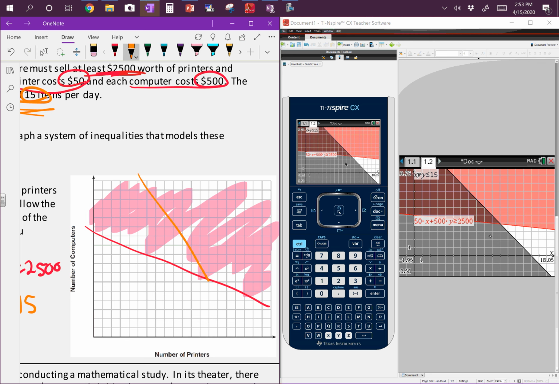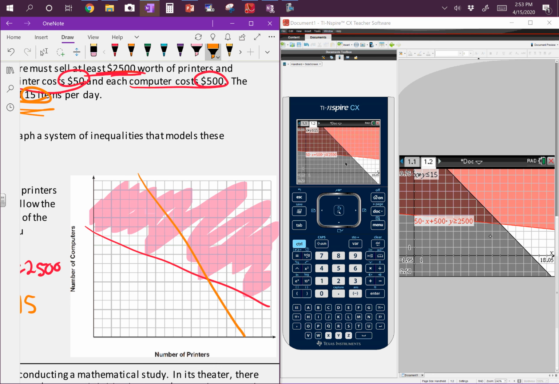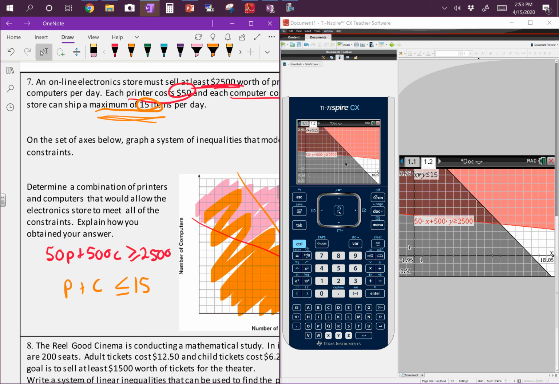And it cuts like this, and we'll make this guy orange. Orange, and it goes like this. And we have to determine a combination of printers and computers that would allow the electronic store to meet all of the constraints. Any of these right in here would work. All of them would work.